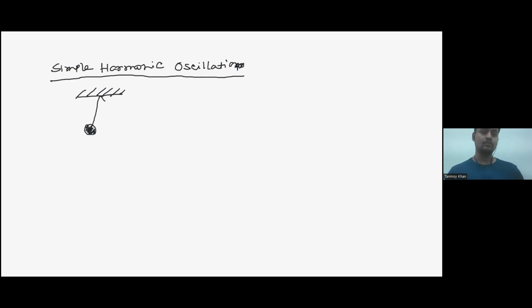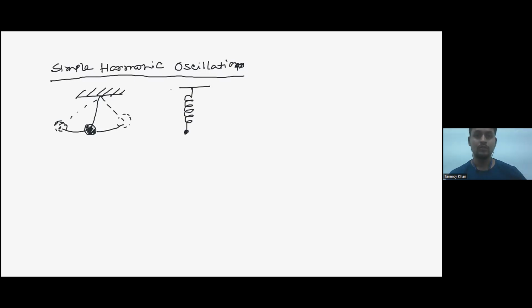So it will go like this, right? These two are the maximum positions. This is the simple harmonic oscillator. Or you can think of a spring.